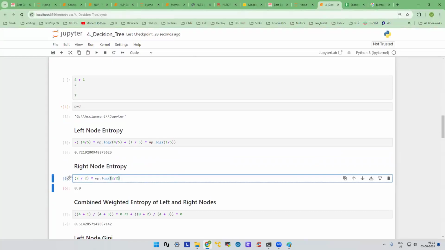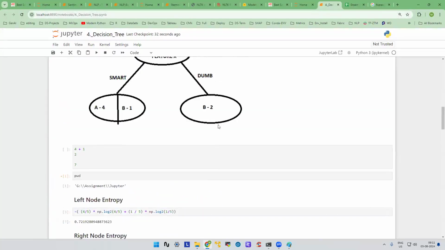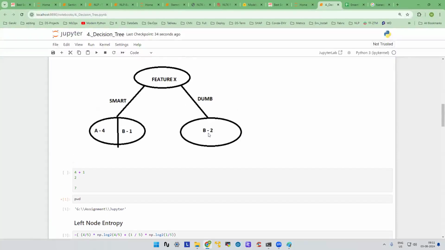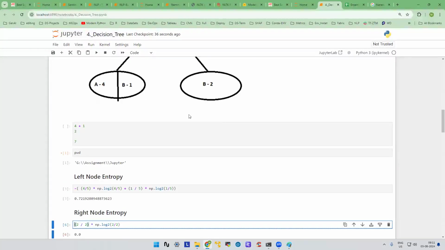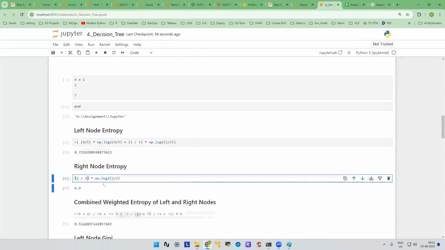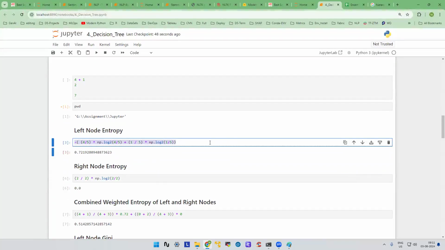It's actually minus of something, but it's 0, that's the reason I have not given that minus. So the remaining part is 2. So 2 by 2 into log of 2 by 2. Log 1 is basically 0, and anything multiplied by 0 is 0. So the total right node entropy is 0. The only value we have is for the left node.